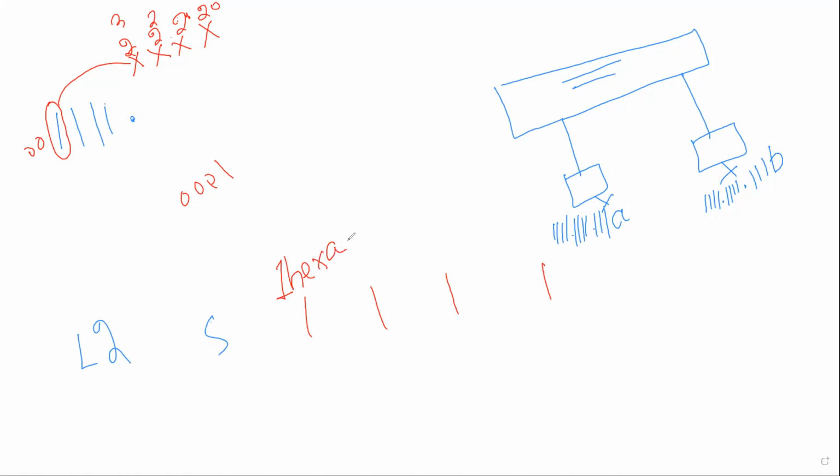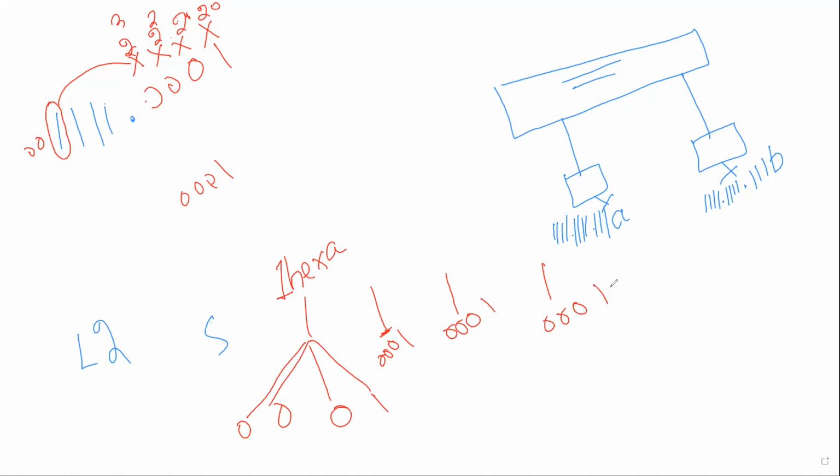One hexadigit means 4 binary, which means 0, 0, 0, 1. How come this is 0, 0, 0, 1? Because this is just a 1 digit, which means 2 raised to 0 is equal to 1. So the first bit is 1, and the remaining 0, 0, 0. So this one means 0, 0, 0, 1.